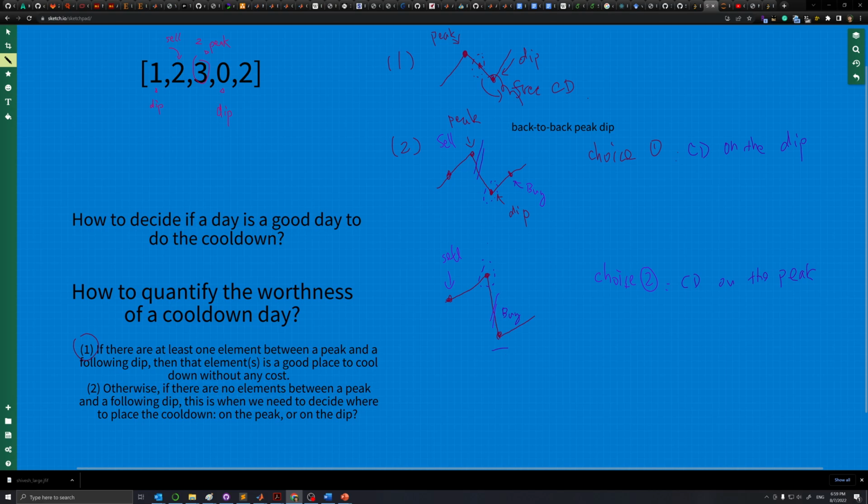Between these two choices, which one is going to give you more benefit? Well, it's kind of hard to decide, right? You have to take into account the peak value, and what you are losing by setting that sell action backward one more step, and what is the value of giving up a dip and then going for the second best dip value.